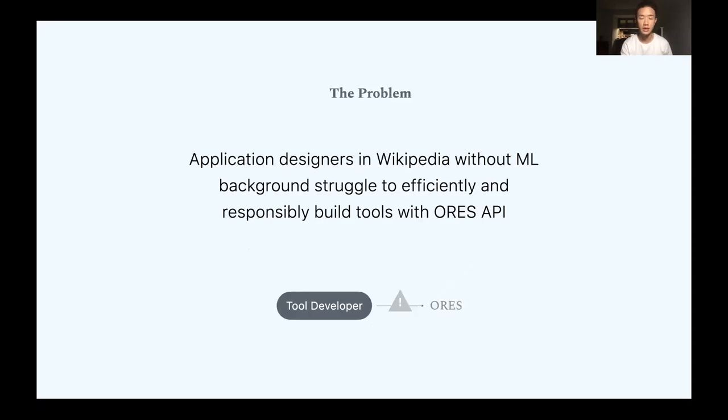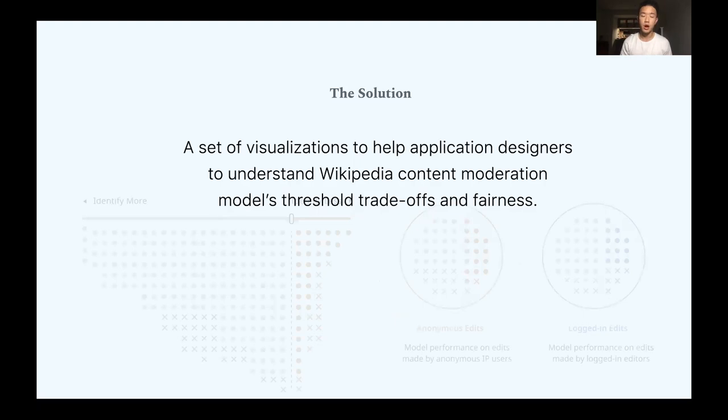The problem is that, as I mentioned in the context slide, application designers in Wikipedia without an ML background struggle to efficiently and responsibly build tools with the ORES API. The solution we designed is a set of visualizations to help application designers better understand Wikipedia's content moderation models, threshold trade-offs, and fairness, so that they can better design tools for the community.